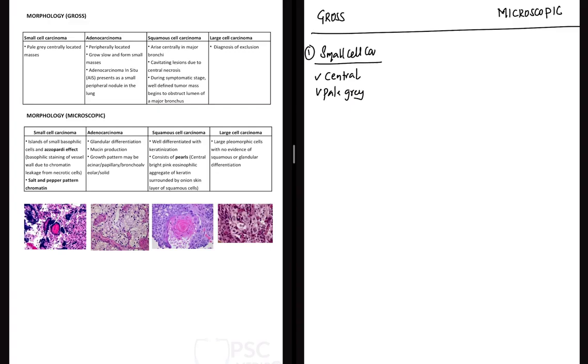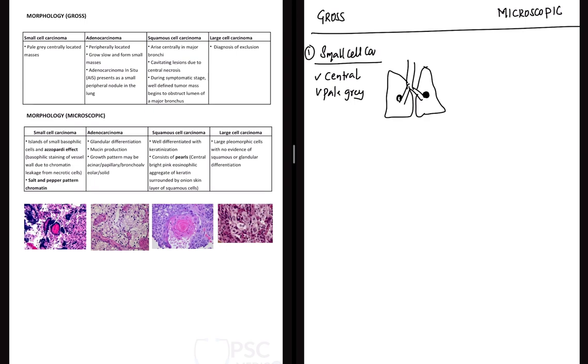Apart from small cell carcinoma, the other cancer which appears centrally, in the sense in the trachea, in the main bronchus. If you take lung as a whole, you have trachea, you have primary bronchi, right? So you will see central development of the tumor like this.